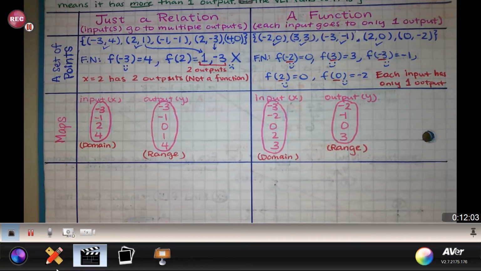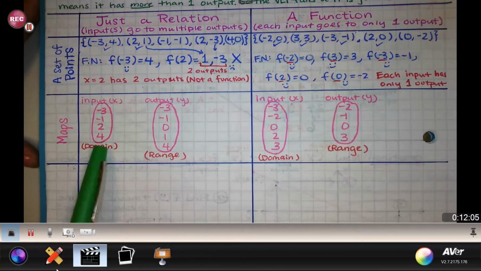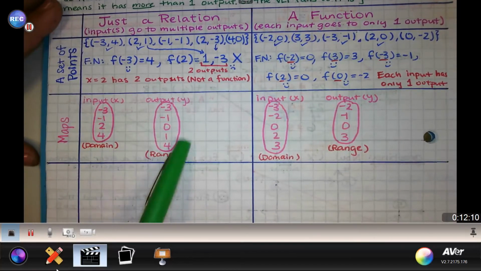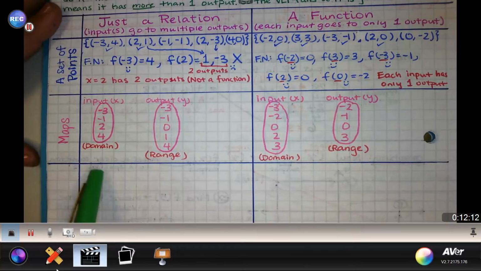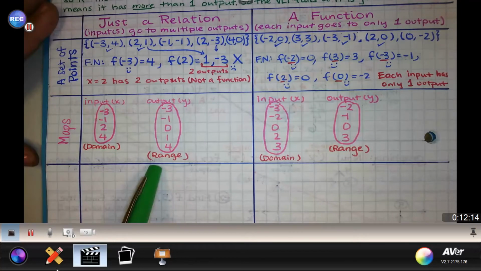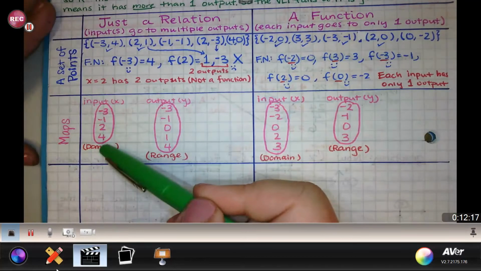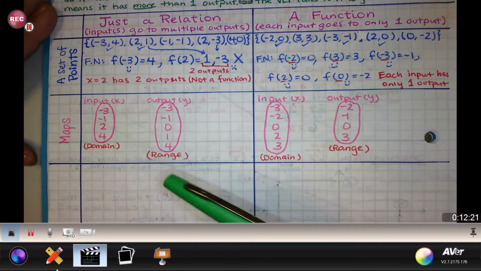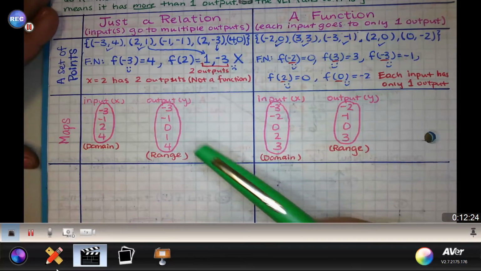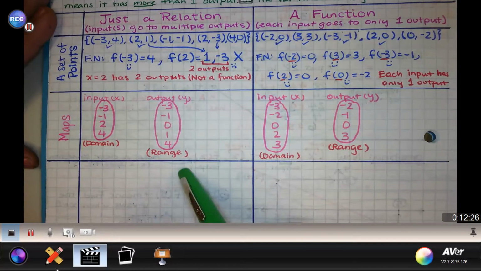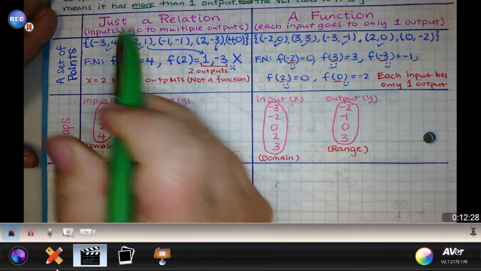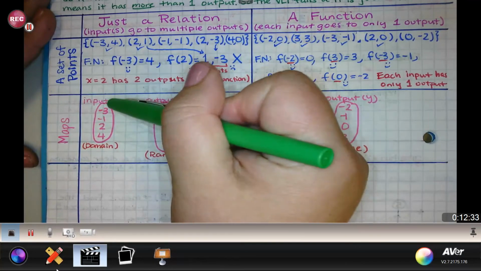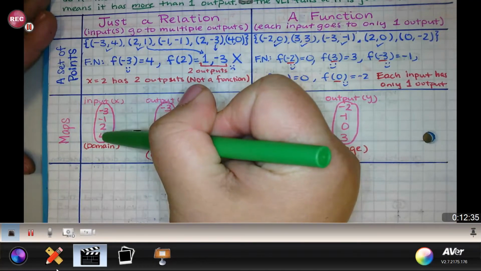Okay, so maps. Maps are when you have a grouping of the inputs or x's and a grouping of the outputs or y's. Notice how under here I wrote domain and range, and I have this for both, by the way. That's because I'm using these points from above, and I'm following the rules for roster notation for domain and range, which means I pulled all the x values and put them in numerically increasing order: -3, -1, 2, 4, and no repeats.